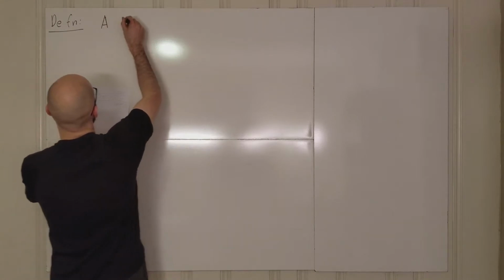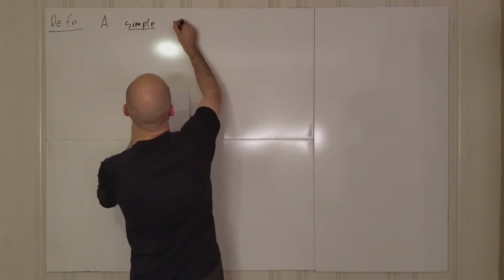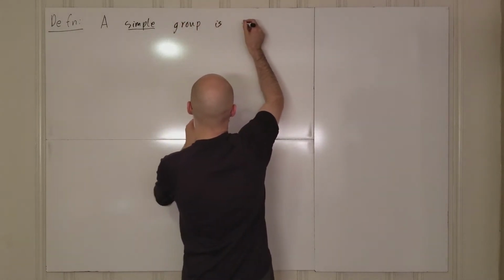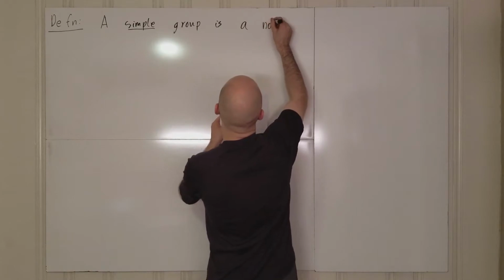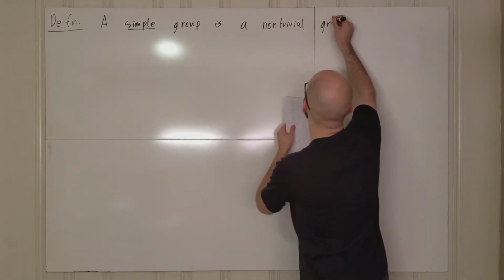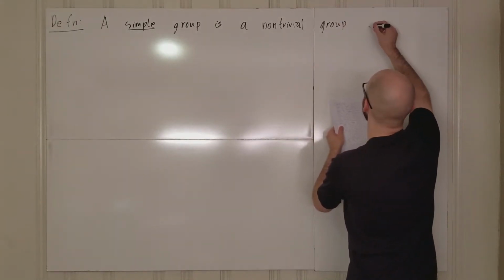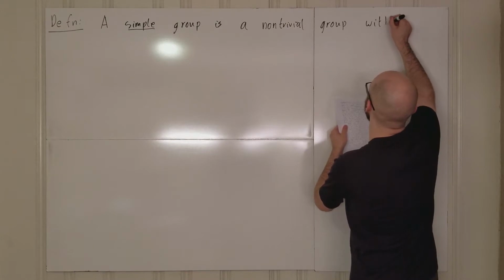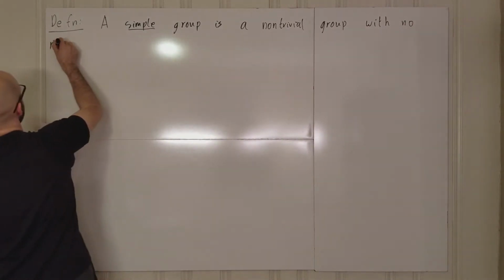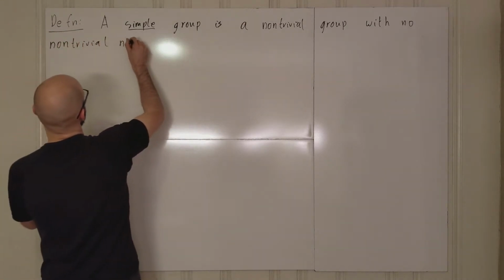A simple group is a non-trivial group with no non-trivial normal subgroups.